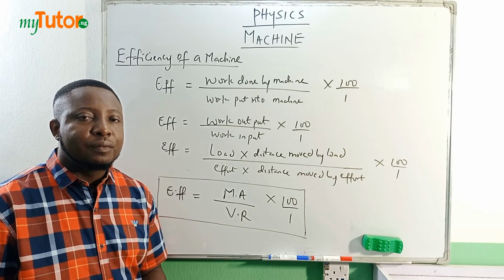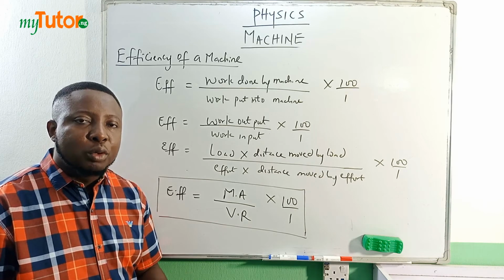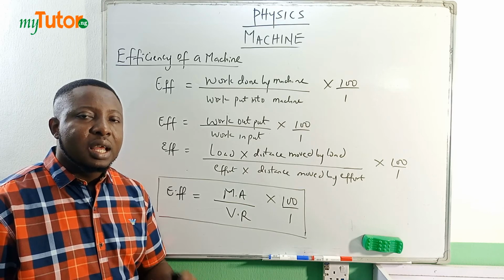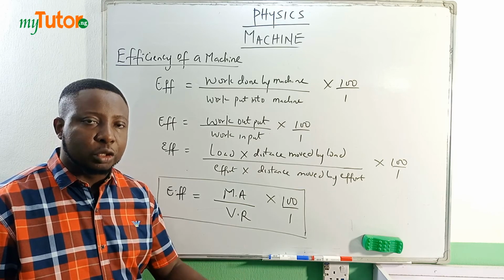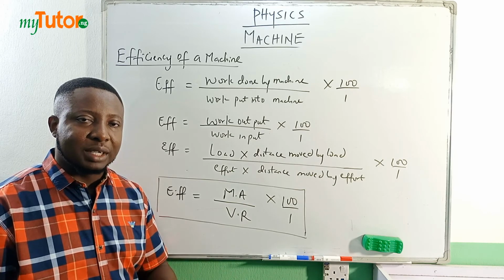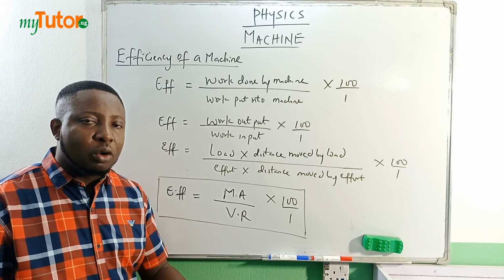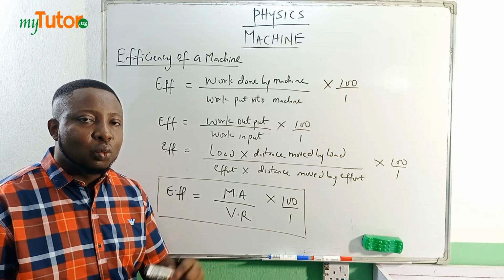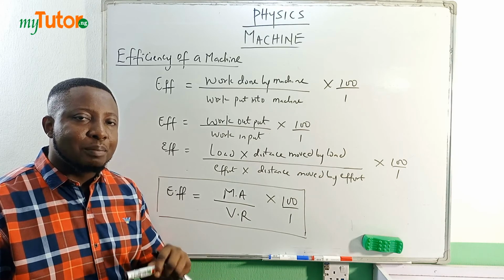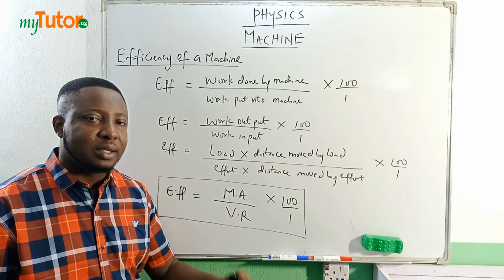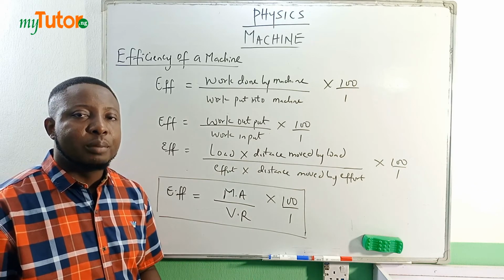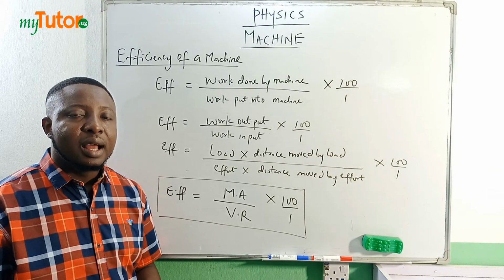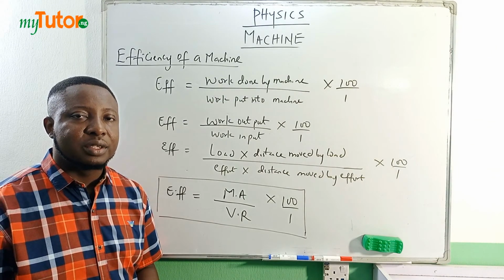This is due to the fact that some of the work that is put into the machine is used to overcome the friction of the moving parts of the machine, and the remaining work is now used to overcome the load. That is why the efficiency of a machine is not 100%.